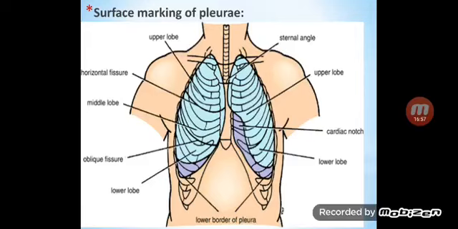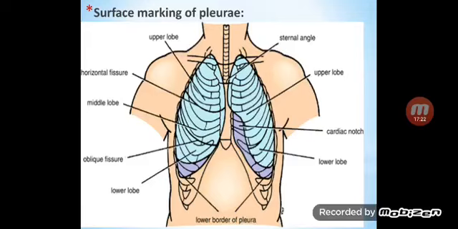It projects at the root of the neck. The root of the neck, you remember, is lined by the suprapleural membrane, right? So the cervical part of the pleura is covered from above by the suprapleural membrane.